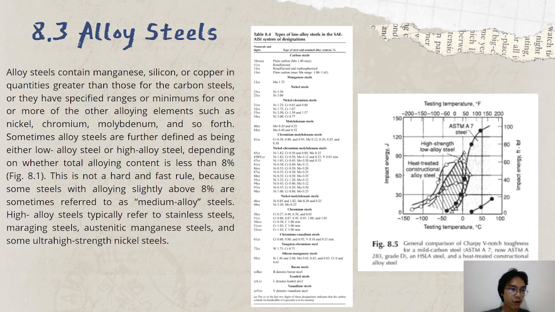This is not a hard and fast rule, because some steels with alloying above 8% are sometimes referred to as medium alloy steel. High alloy steels typically refer to stainless steel, maraging steel, austenitic steel, magnet steel, and some ultra-high strength nickel steel. You can see table 8.4, the types of low alloy steel in the SAE and the AISI system of designation.